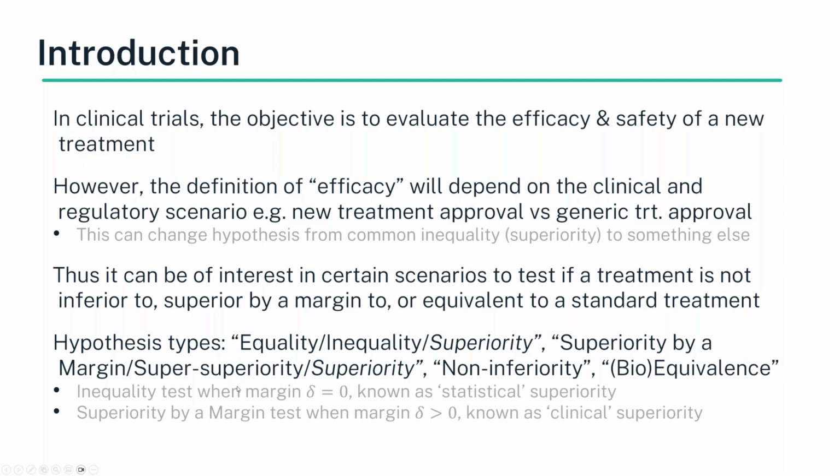On the other hand, in the superiority by a margin test, you'll have a value of delta for the margin greater than 0, and this will be clinical superiority. So that's just something to be aware of. But just for the avoidance of confusion, we will use inequality and superiority by a margin terminology today. Non-inferiority is nice and straightforward, and equivalence is often referred to as bioequivalence, just because that's probably the most common use case of equivalence testing.